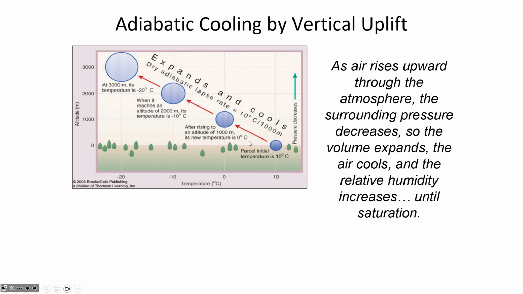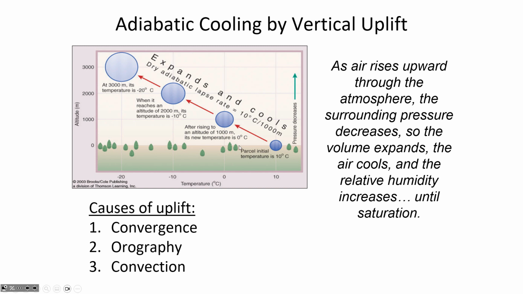So some air packet that has 80 or 90% humidity, as it is lifting and cooling, its relative humidity is going up. Now there are 3 main causes of uplift that contribute to hydrologically significant precipitation.